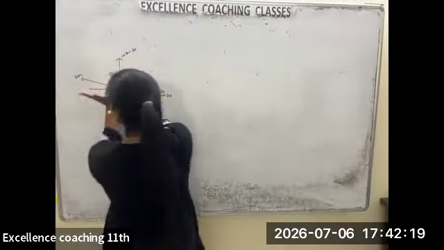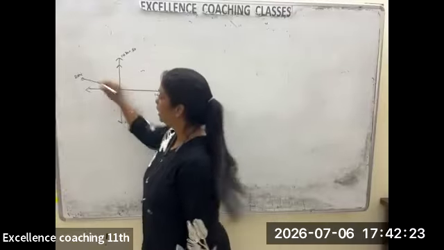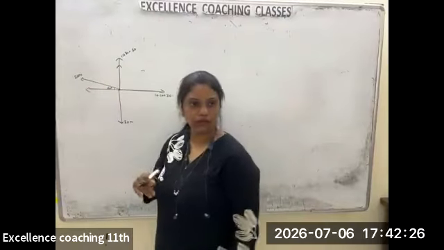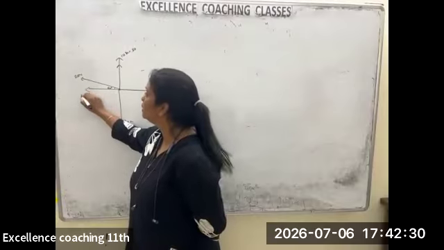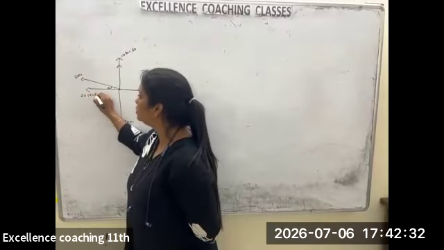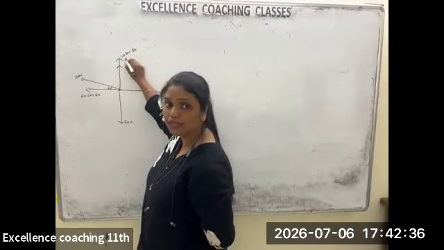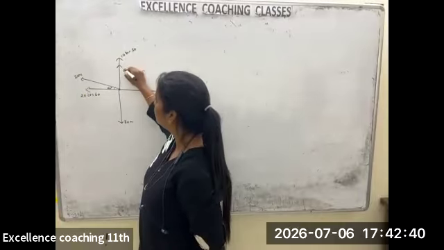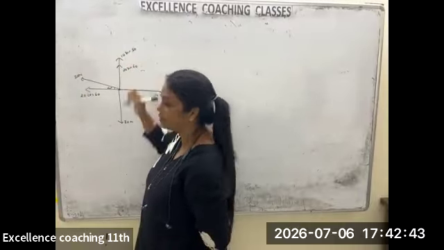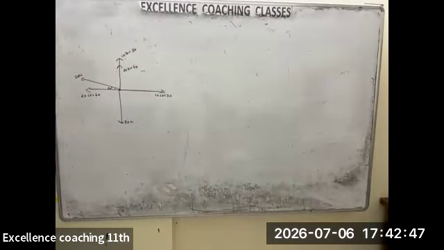So I get 2 components again here, a horizontal component and a vertical component. What will this line be called? 20 cos 60. One component of this one, other component of this one. So what will it be? 20 sin 60. What will happen to this line? Present or gone? Gone.